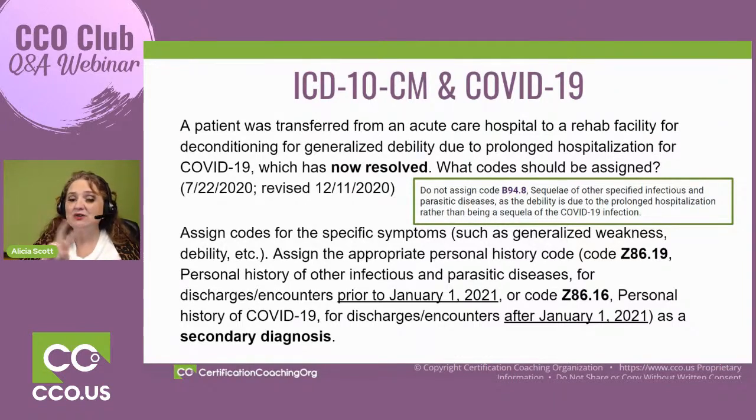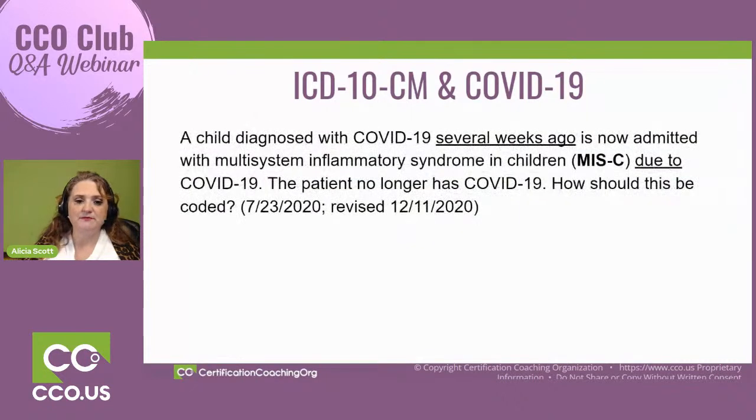Now, if you see those used, that is a flag for, hey, this was an encounter that was prior to 2021. That's 2020's cases. And then in 2021, we were able to use that new code, Z86.16 versus 19. And it said the personal history code for the discharge and stuff as a secondary diagnosis for that patient.